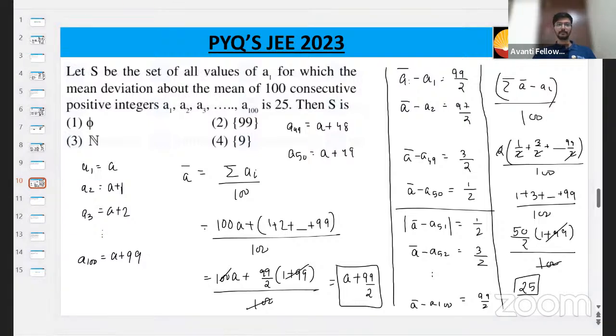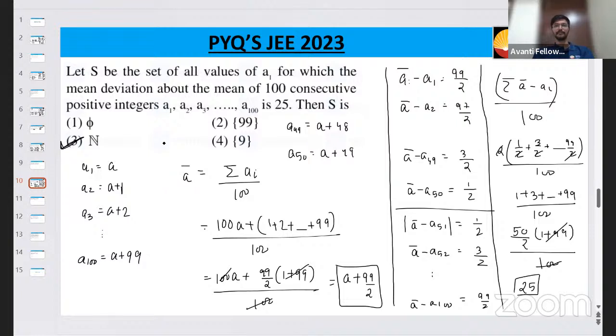Right? So S is a set of natural numbers. Right, guys? Because S has only one element, 25?